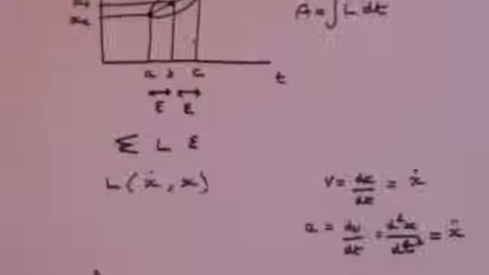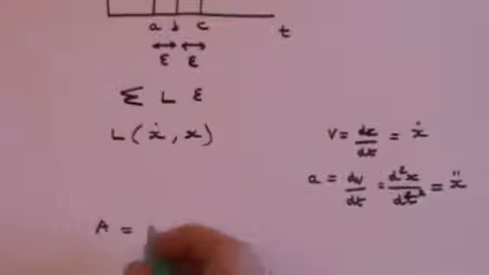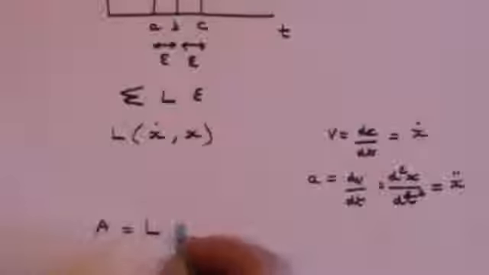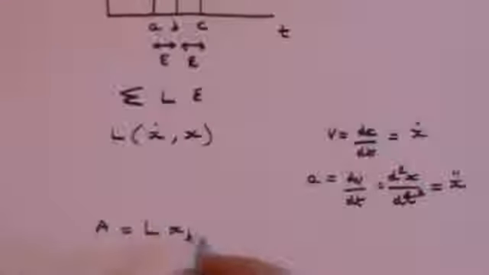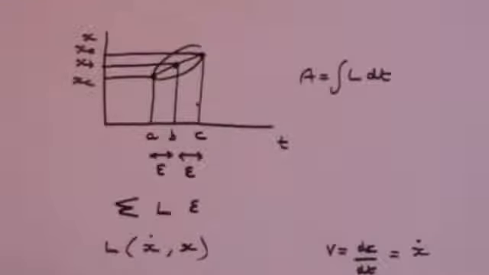So now let's look at the action associated with this journey from A to B and from B to C. Well, the action will be the sum of the two Lagrangians. That will be the Lagrangian which goes from A to B, which will be xb, that's one of its functions. And then what about the velocity? Well, the velocity will simply be the distance divided by the time.